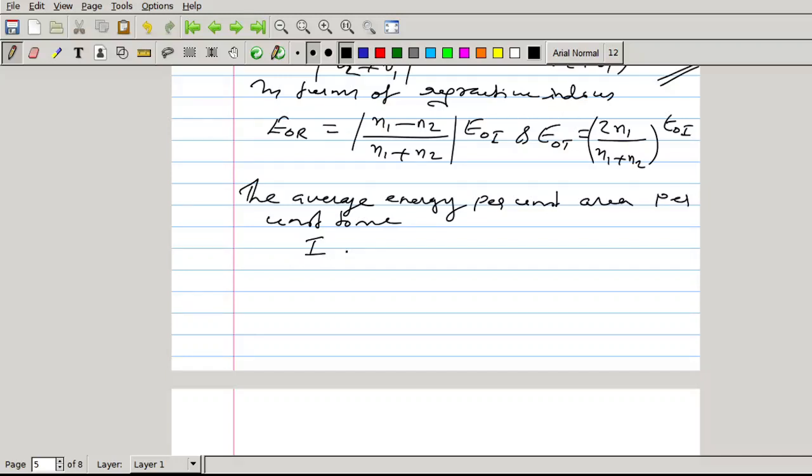Here the Poynting vector is along the z direction, the propagation is along the z direction. So you simply take the expectation of S as the intensity. Actually, intensity is average energy per unit area per unit time transmitted normally through the surface.